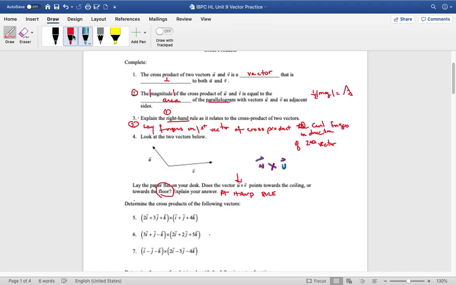If I asked you about V cross U, you would lay your pinky down on V, and then curl towards U, right? And where would your thumb be pointing? That would then be the ceiling. My thumb would point at the ceiling.